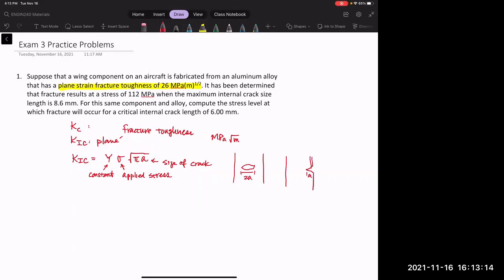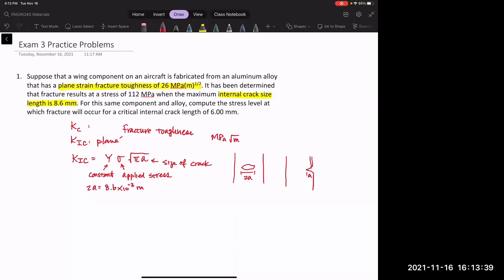So what kind of crack did they give you? They give you an internal crack size. That means this is 2a. So we have 2a equal to 8.6 times 10 to the negative 3 meter.